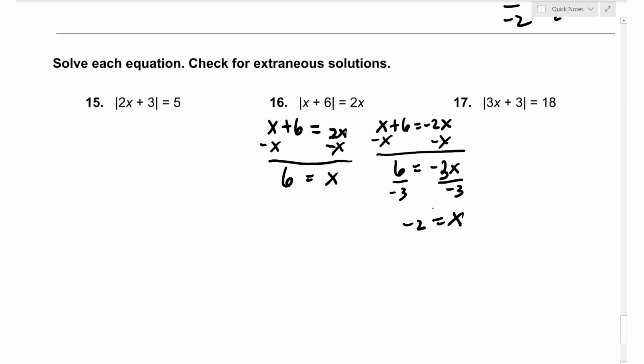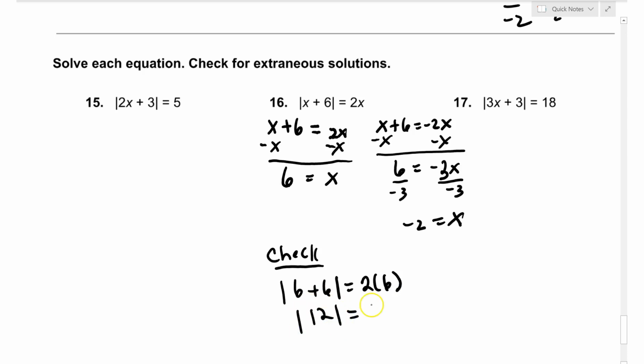So now we have to check. So you have the absolute value, and then the input is 6 plus 6 equals 2 times 6. So 6 plus 6 is 12. The absolute value of 12 is 12, and 2 times 6 is 12. So it does check. Okay, the next one.